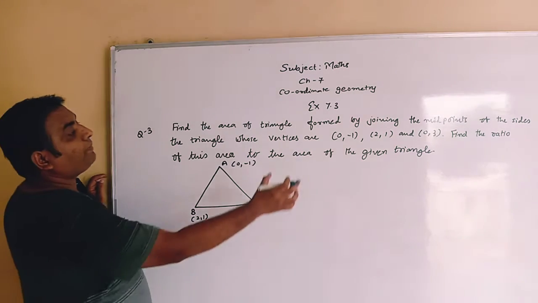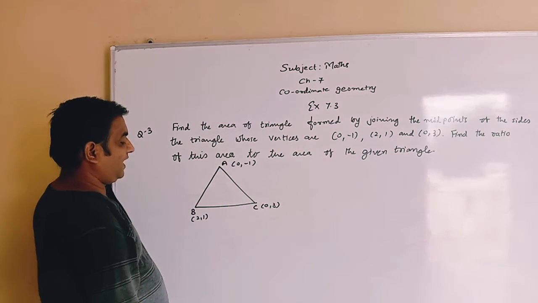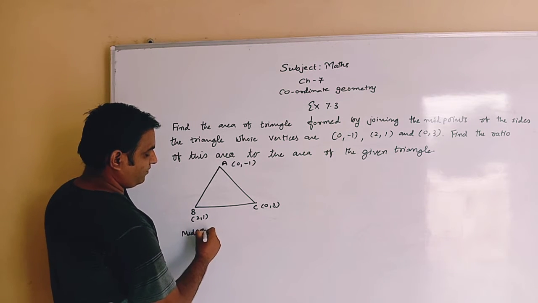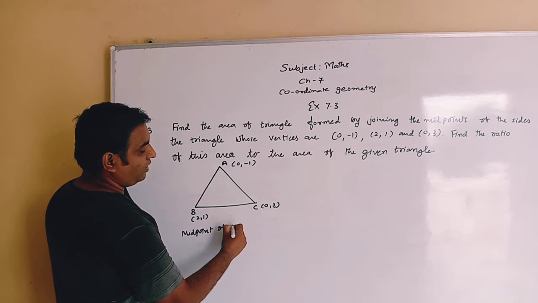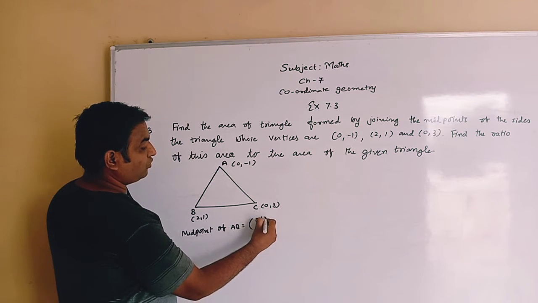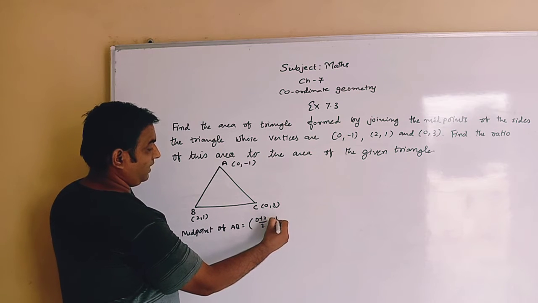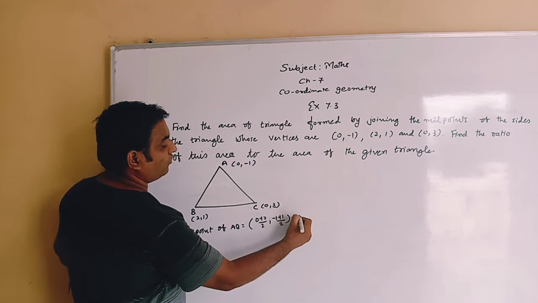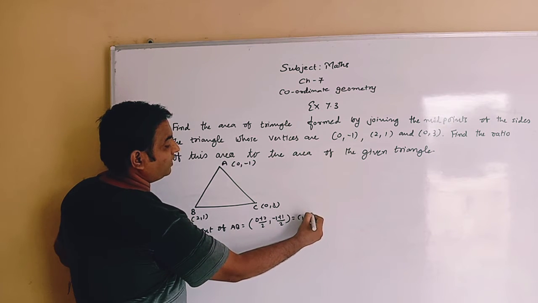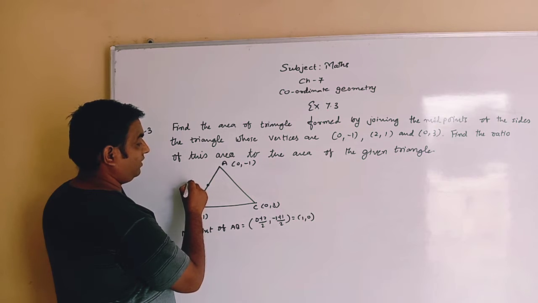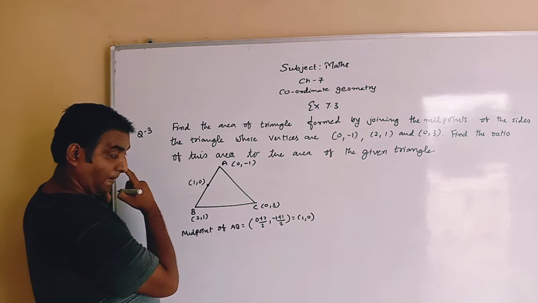Now we want the midpoint of the three sides. So the midpoint of AB we calculate: (0 plus 2) by 2, (-1 plus 1) by 2, that is 2 by 2, 1, and 0 by 2. So here the midpoint of AB will be (1, 0).